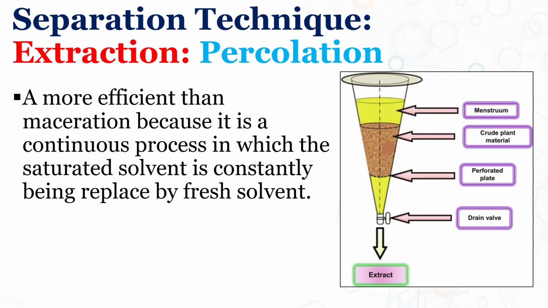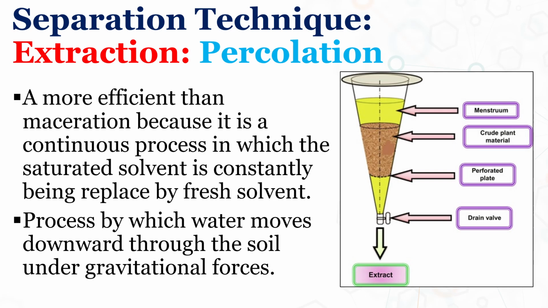So we have the menstruum or the liquid part or the solvent, and then the crude plant extract, and then the perforated plate, and then the drain valve. So that is the extract, and then it's being replaced after extraction, makakuha yung extract, and then another fresh solvent is added. It's a process by which water moves downward through the soil under gravitational forces.